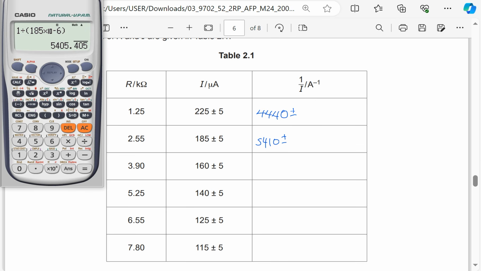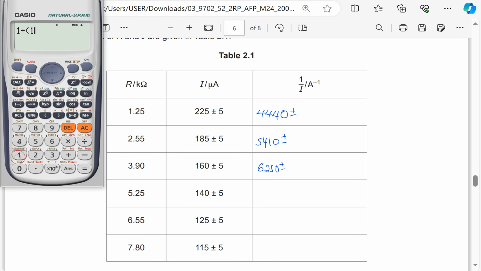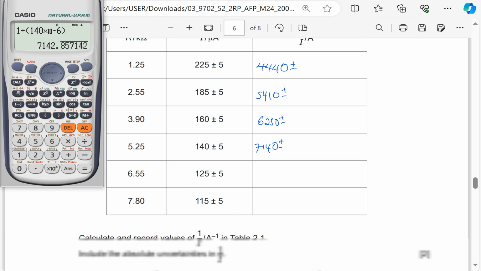Those are 3 significant figures. 1 divided by 160 exponent minus 6 is 6250. Then 1 divided by 140 exponent minus 6 is 7140. The last 0 is because I'm rounding off to 3 significant figures.